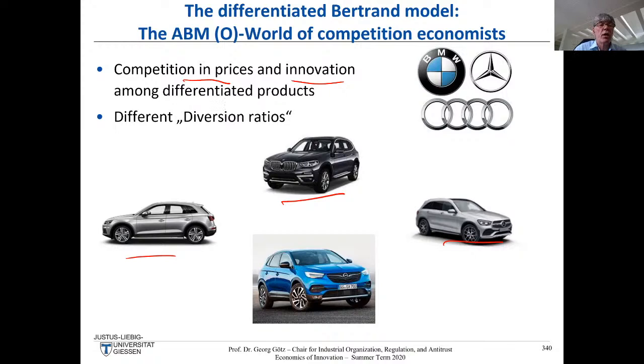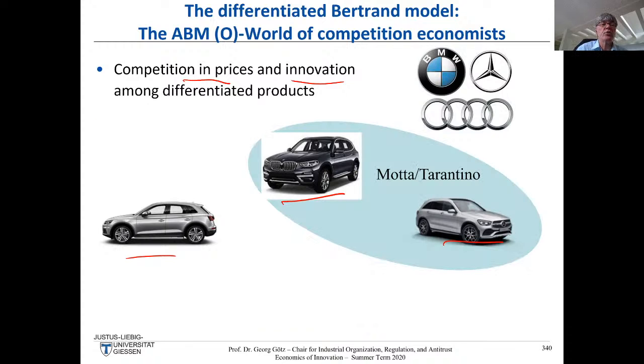Justus Haucap also analyzed the case in which we have some asymmetry here. That's why I use this ABM. These were, at least until recently, rather symmetric in terms of what a consumer would expect in terms of the quality, okay?